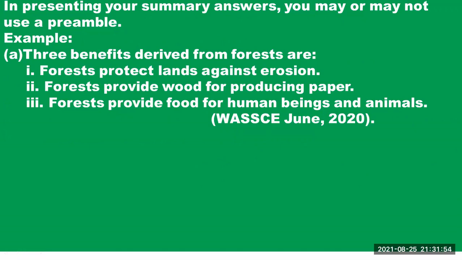Please watch the video that I have uploaded that gives you a detailed explanation. And here is how you present your answers using a preamble. You may or may not use a preamble, but when you watch the video, you will understand how to use each of these methods.